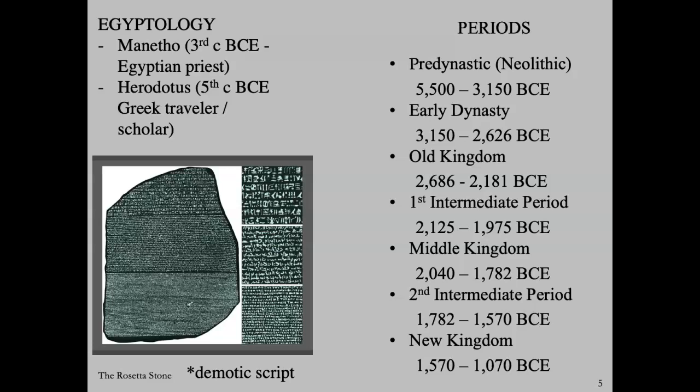Herodotus, being a Greek scholar, gives us different names of pharaohs, Greek names as opposed to Egyptian names, and possibly didn't understand that several names were given to the same ruler.